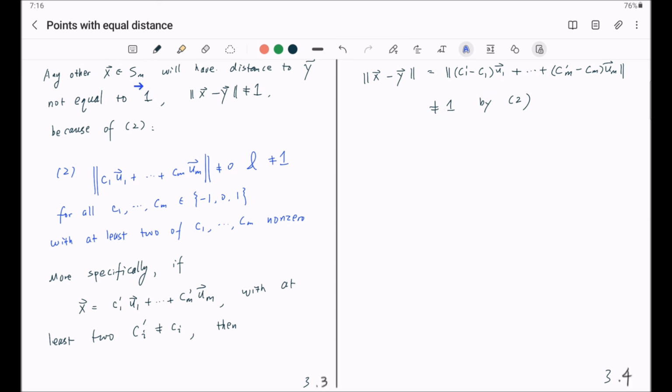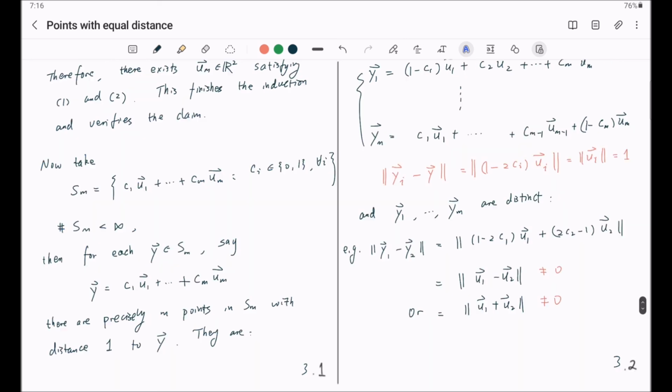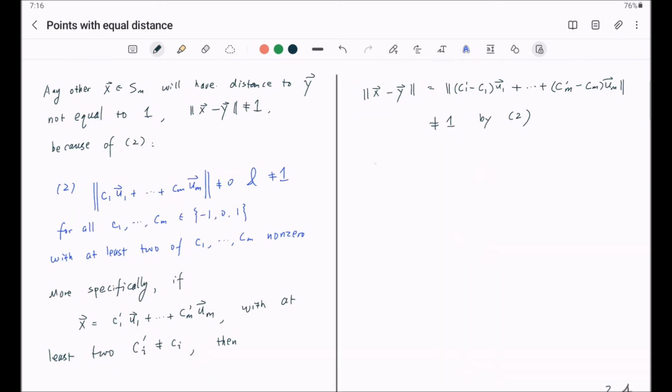This shows this S of m we constructed here really satisfies the requirements of this problem. So S of m is as desired, and we are done.